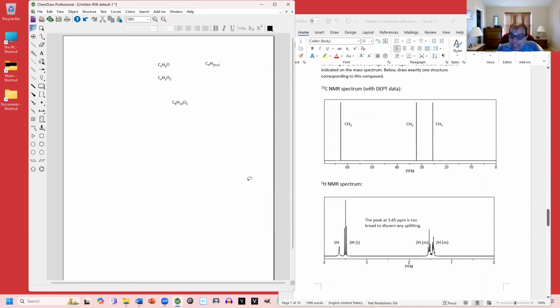We have 6 carbons total, but only 3 peaks in the carbon NMR spectrum. So that means there has to be some kind of plane of symmetry to this molecule. There's 6 carbons, but only 3 types. And we also have an OH to deal with. So we have to have 3 types of CH2s and an OH. What I would recommend is that you write that down.